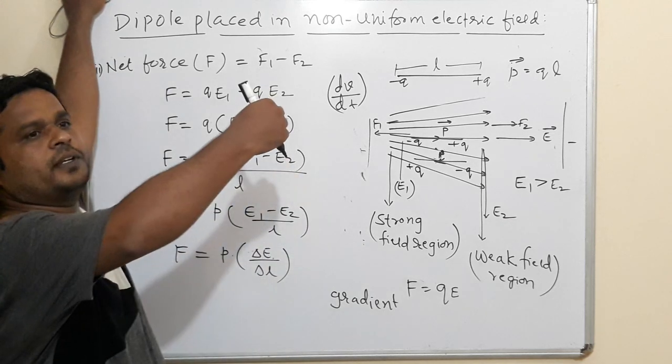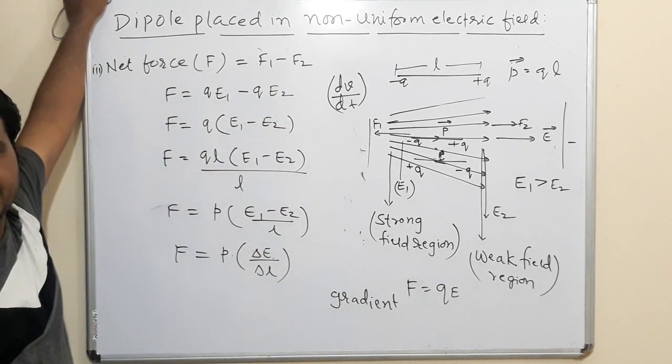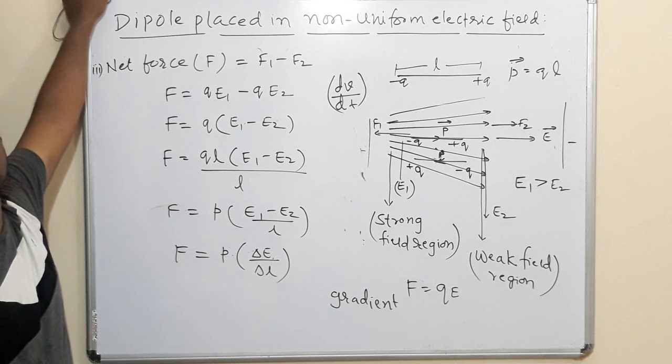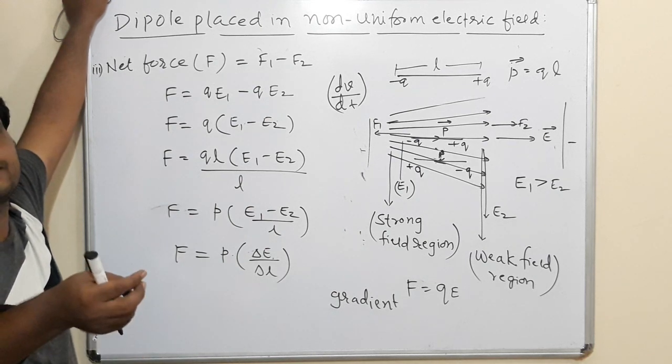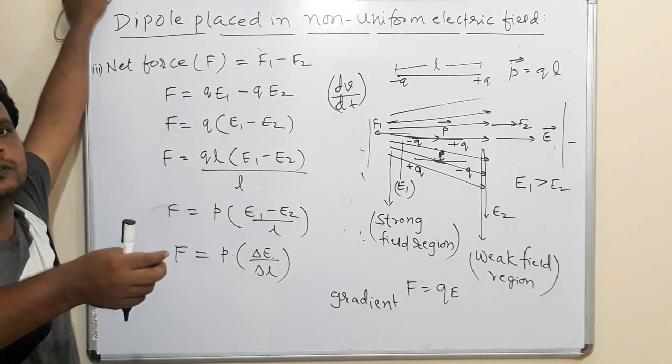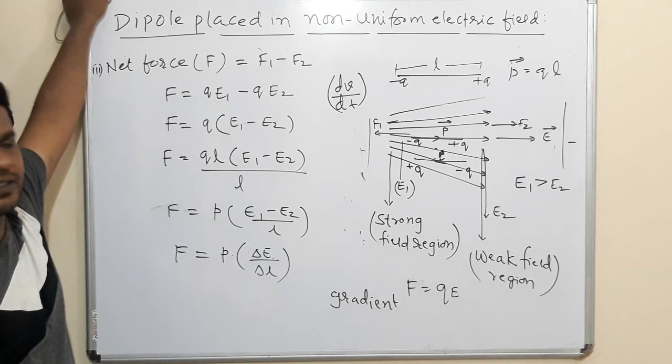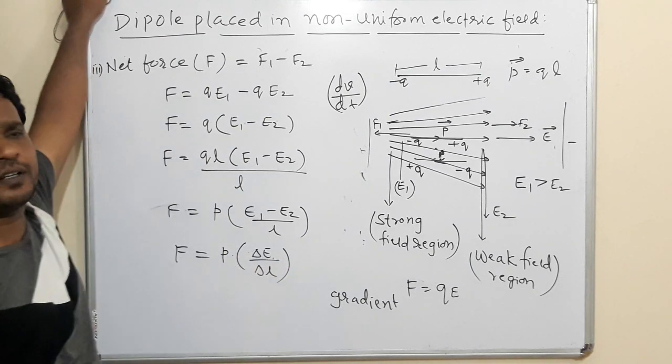Change in velocity with distance is velocity gradient. Change in temperature with length is temperature gradient. Here it is the gradient of electric field.